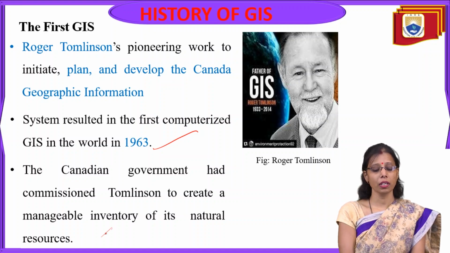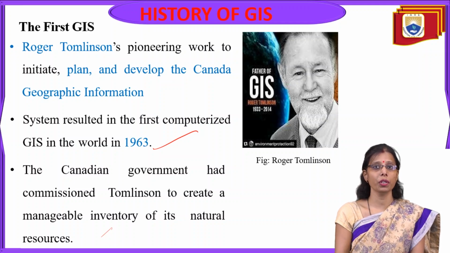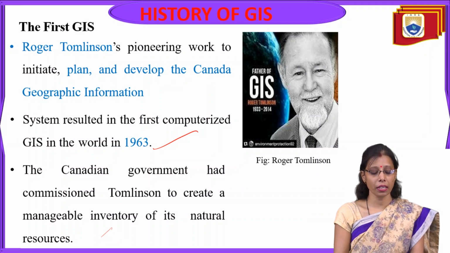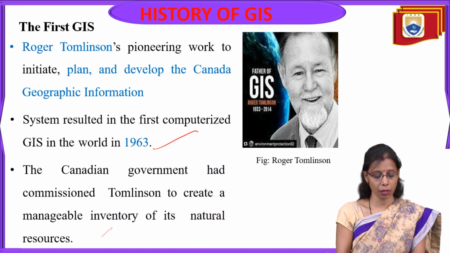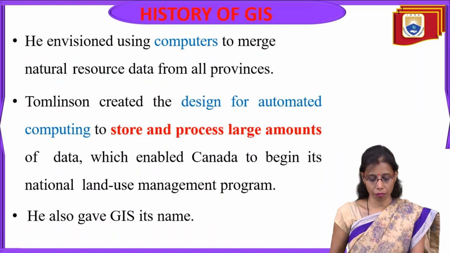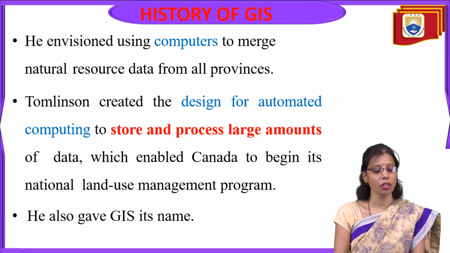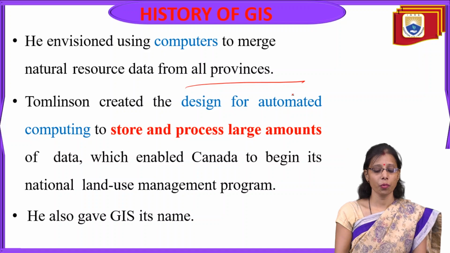Once he converted the Canada Geographic Information System to a computerized form, the government gave him the commission to manage the inventory of the natural resources of the Canadian environment. He envisioned using computers to merge natural resource data from all the provinces.